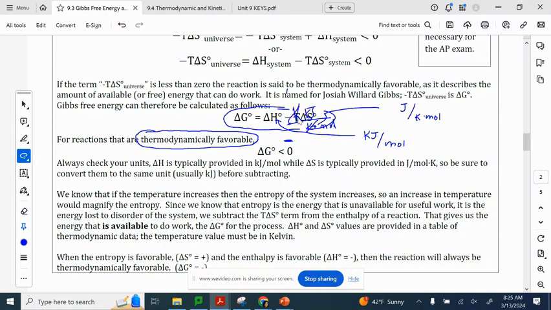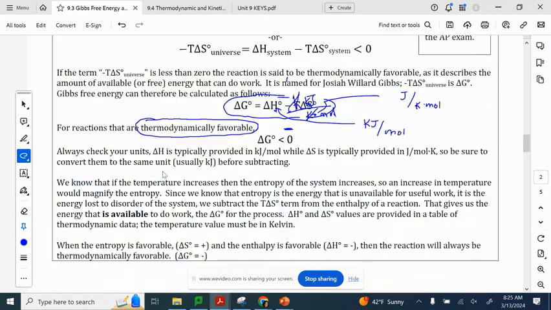And once you convert this into kilojoules, then you can do this subtraction with this guy. Does that make sense? All right. Again, make sure you check your units because that is a very common place where people will end up getting tripped up.